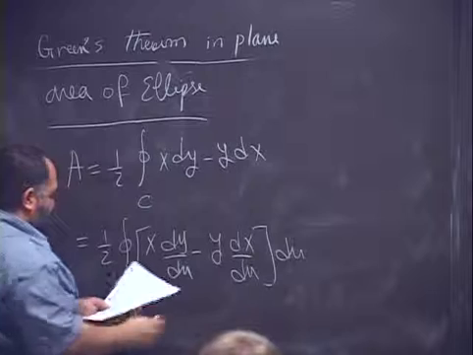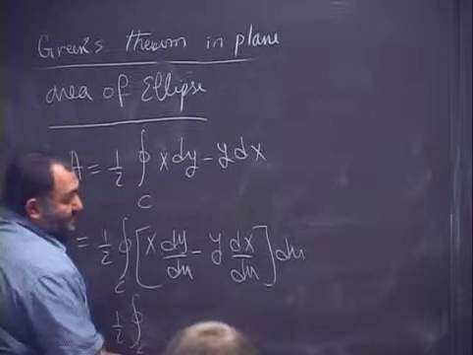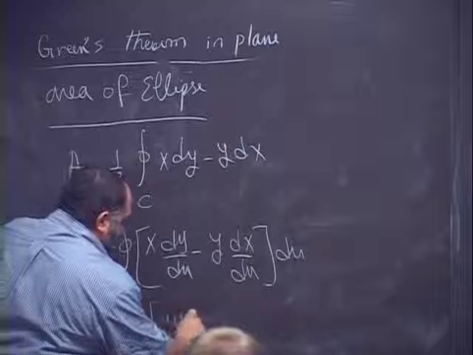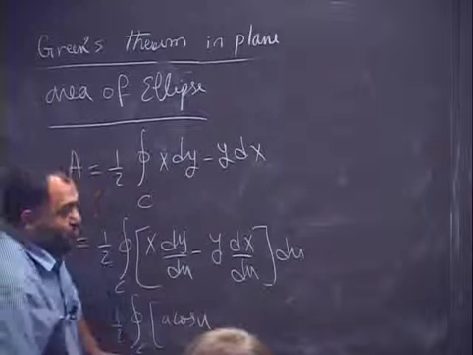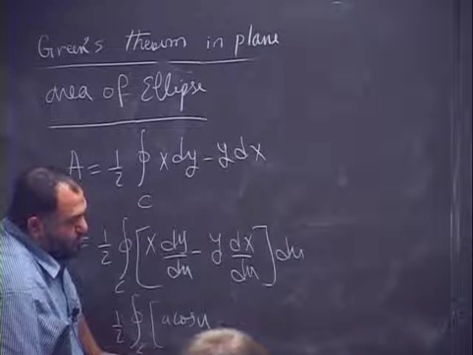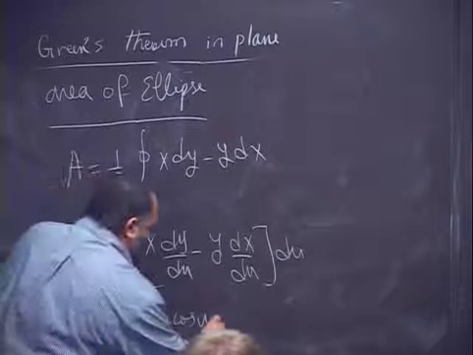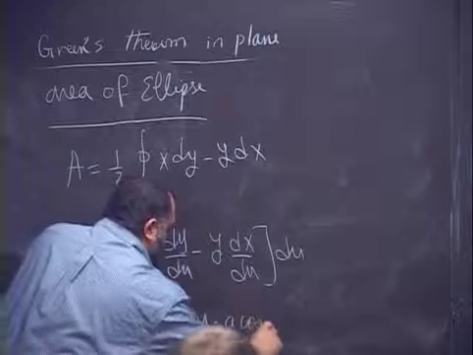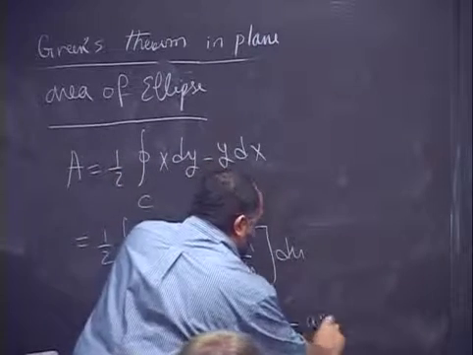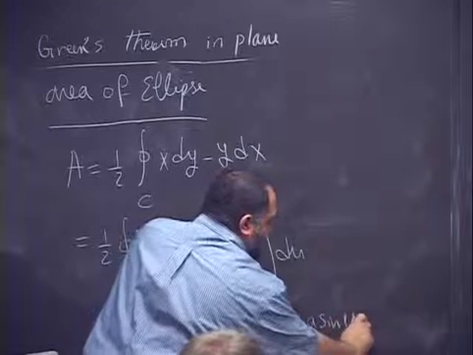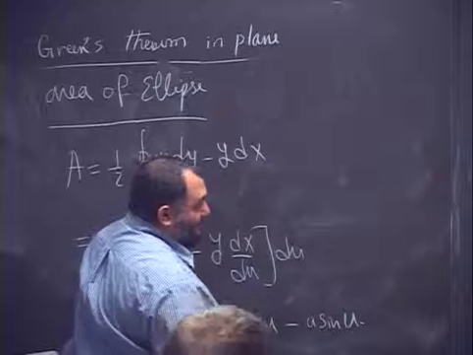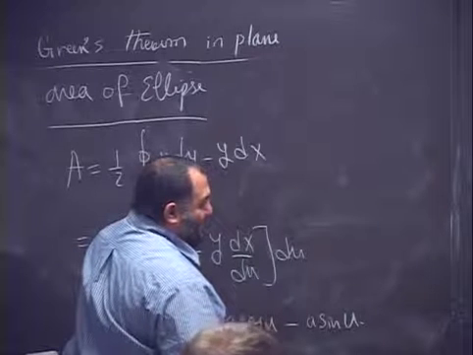So what's this integration? 1/2 here. So what's x? a cosine u. And what's dy/du? a cosine u. Minus, what's y? a sine u. dx/du, negative a sine u.